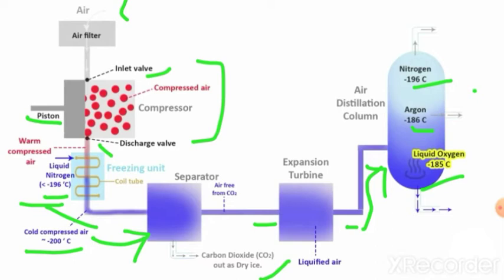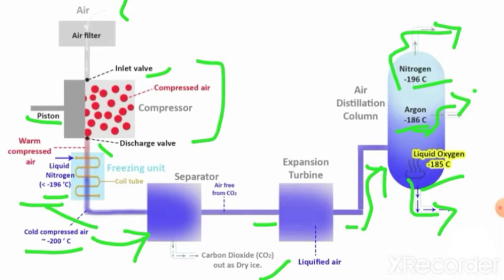So as we warm up the distillation unit, first the nitrogen vapors are formed and passed out from the upper stage. Then argon vapors are formed, and we collect the argon from the middle of the distillation column, and similarly liquid oxygen is taken out from the bottom of the distillation column.